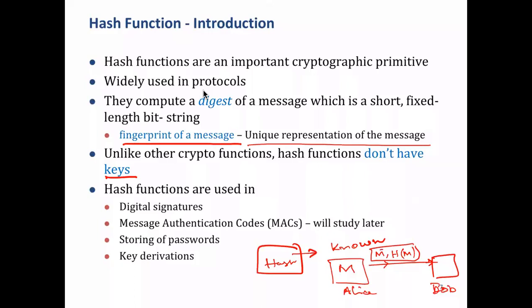If Mallory in between changes M to M dash or M double dash, but does not change H(M), then Bob can compute H of M double dash, the received message. If the digest he gets does not match H(M), then Bob will know that message M has been tampered with. Okay, simple.